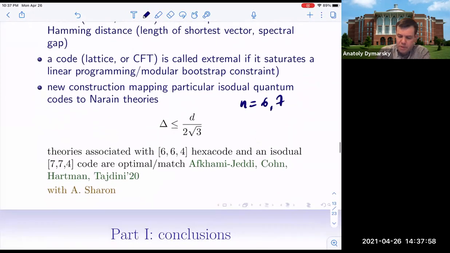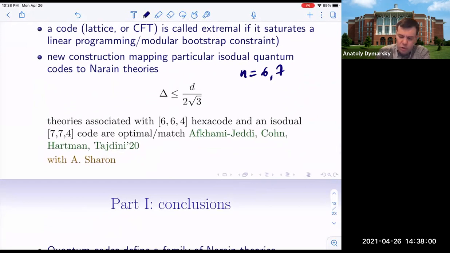Remember that there are special dimensions, namely 3, 8, and 24, for which optimal sphere packing is achieved at the level of a lattice sphere packing.